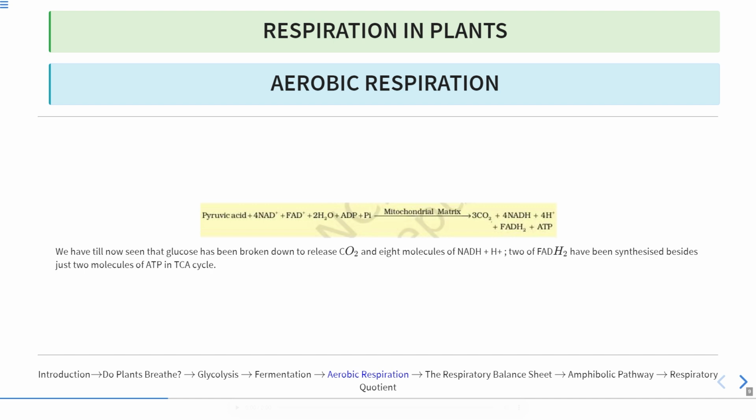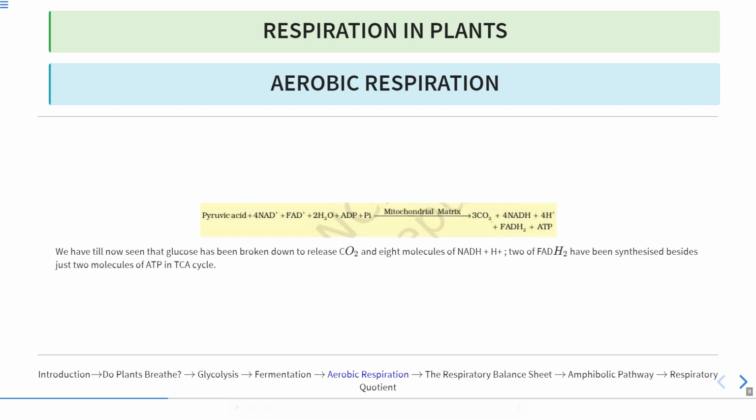So till now we have seen that glucose has been broken down to release carbon dioxide and 8 molecules of NADH2. Why is it written here as 8 NADH2? Because two pyruvic acid molecules are formed from one glucose molecule, and 1 molecule of pyruvic acid gives rise to 4 NADH2 through the tricarboxylic acid cycle. So 2 pyruvic acid will give rise to 8 NADH2.